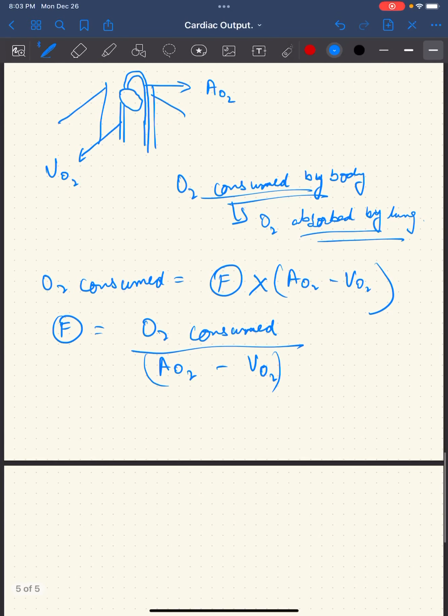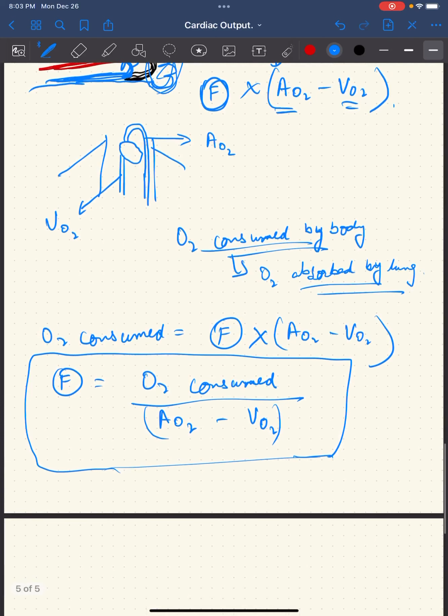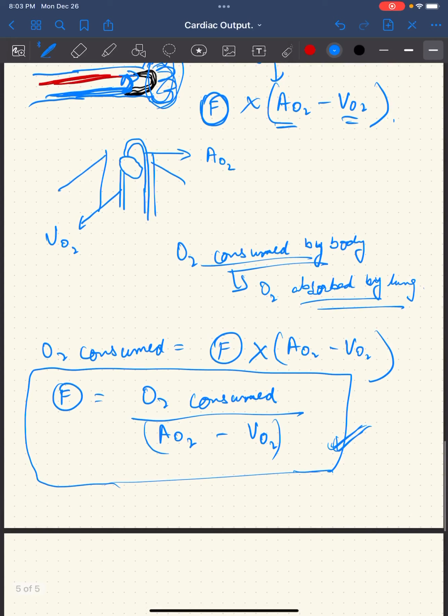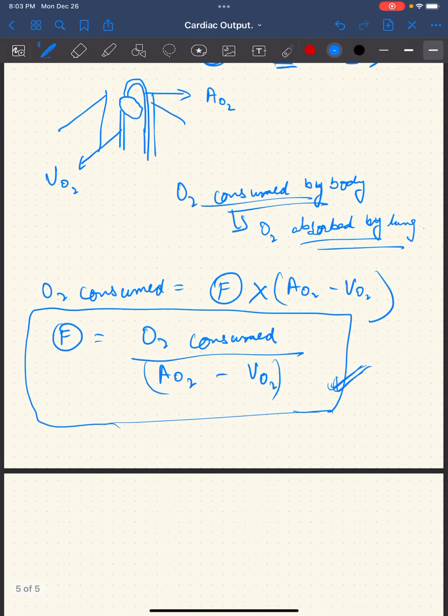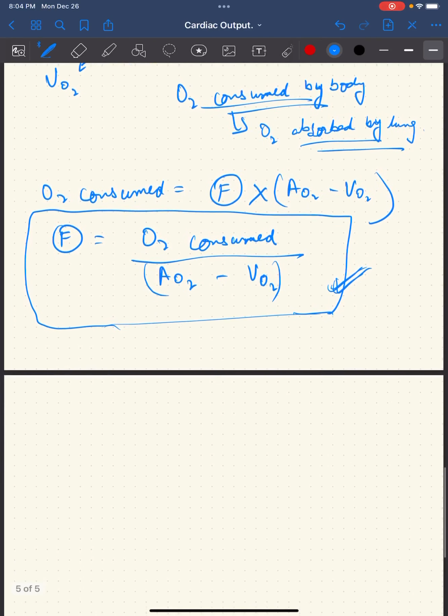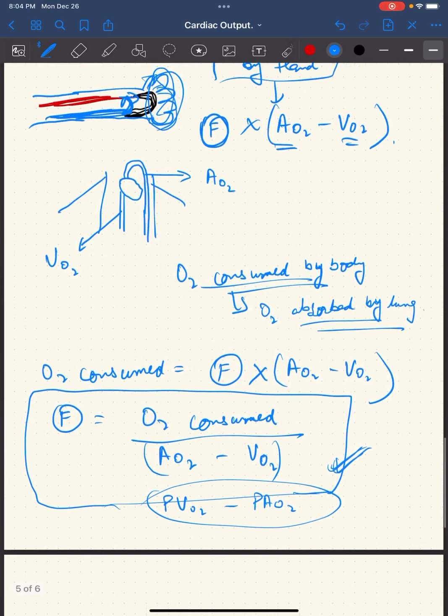So this is basically the formula that we are using here for the heart. If you have to use it for lungs, then it gets reversed, because pulmonary venous O2 is definitely greater than pulmonary arterial O2. So it is pulmonary venous O2 minus pulmonary arterial O2. I hope it is clear with you all.